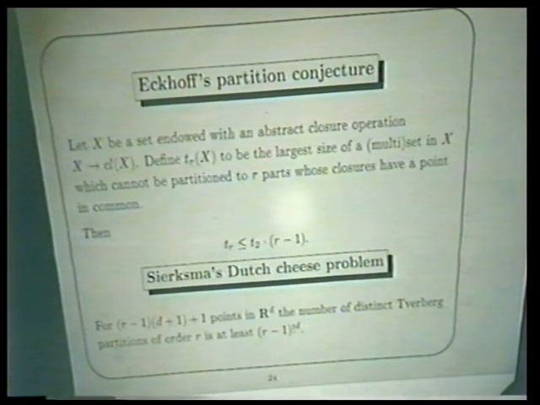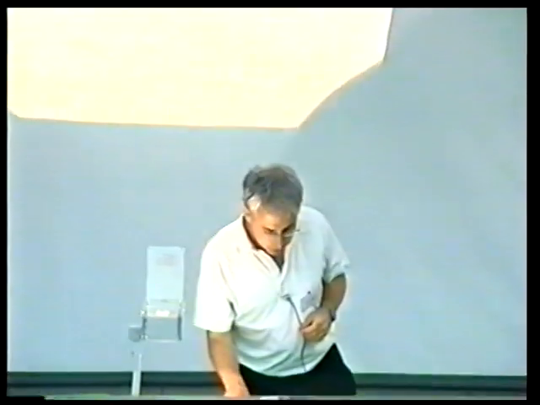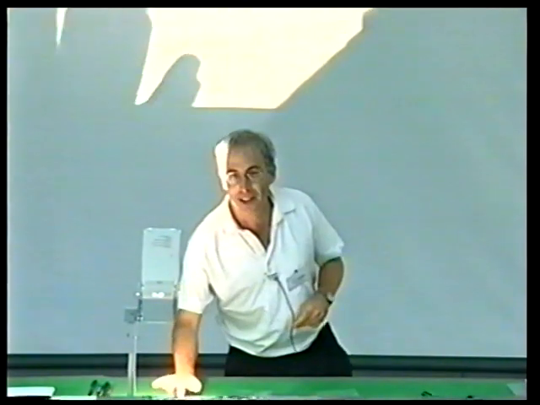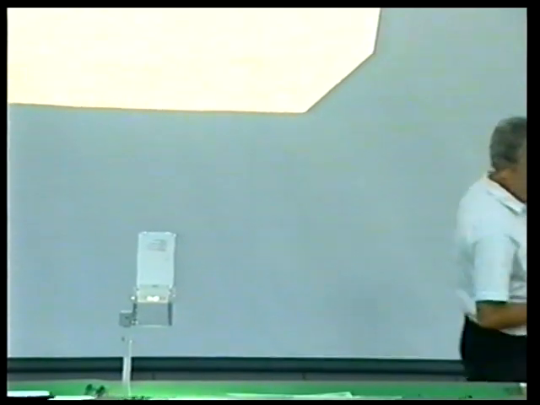It may be false. So I think after 30 years, he's ready to conjecture it, so he called it the partition conjecture. I still like my attitude: this is a conjecture, I try to prove it.